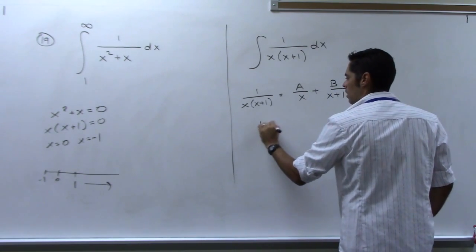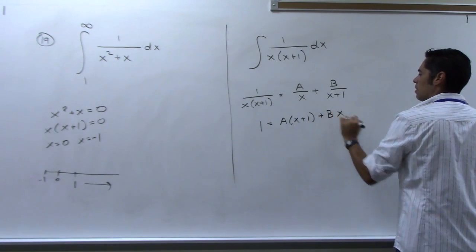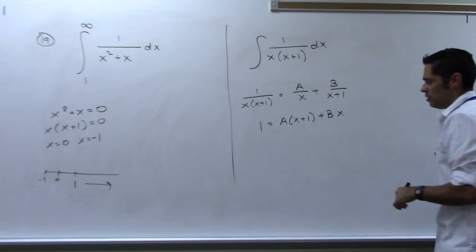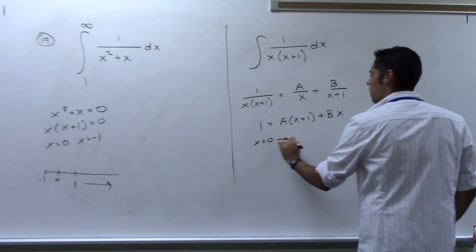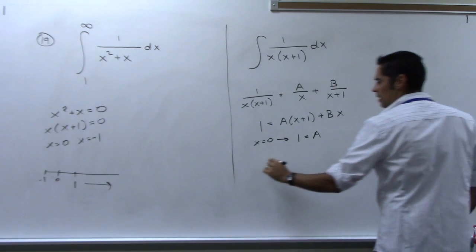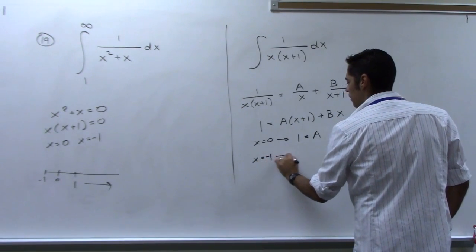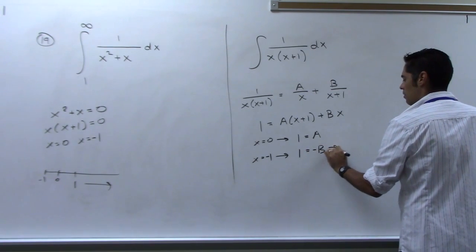Then 1 equals a times x plus 1 plus bx. This is one of those you can do the short method on. If I let x be equal to 0, I get 1 equals a. That killed off this one. If I let x be equal to -1, then you get 1 equals negative b, so b is -1.